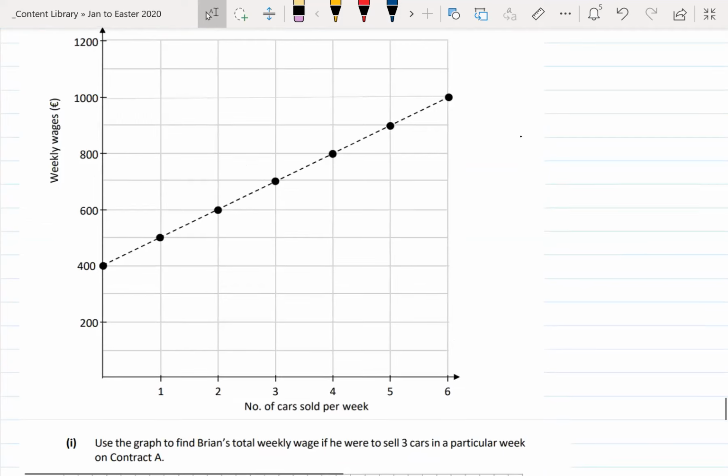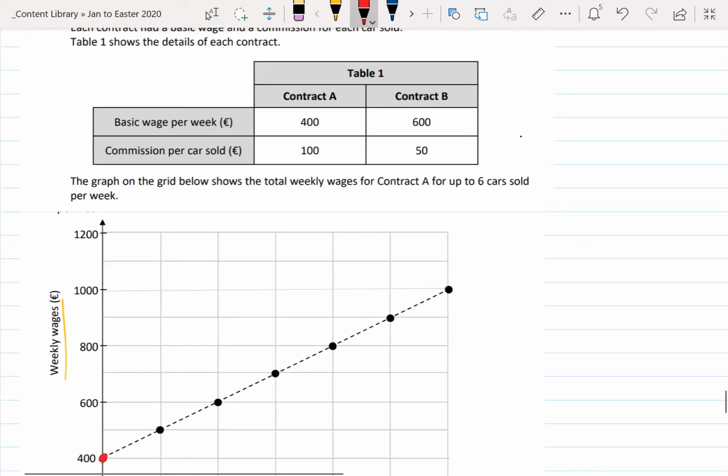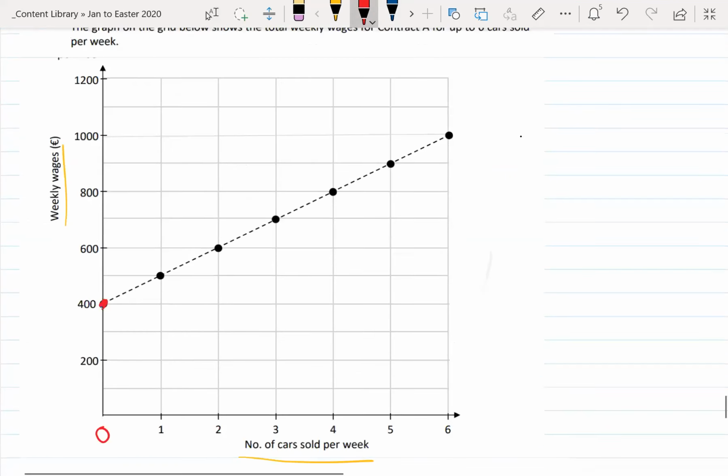We have his weekly wage here and the number of cars sold per week here. Now, we can see he's starting at 400, even with no cars sold. So that graph must be for contract A because he starts at 400.